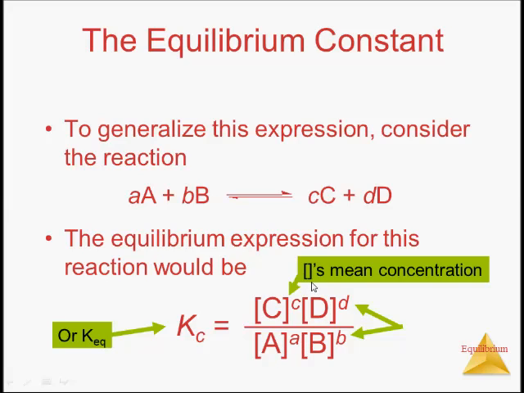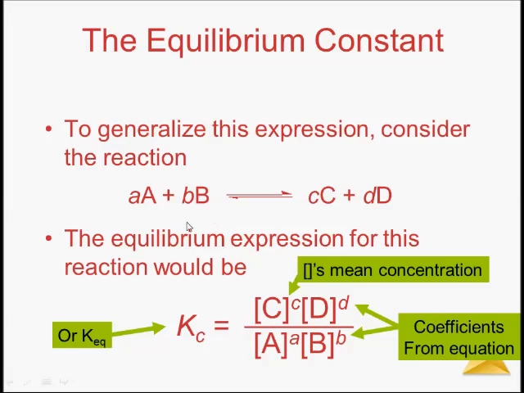Now you'll also notice that these little lower letters would represent coefficients in an equation. And so whatever the coefficient is in your balanced equation for the reaction, that actually becomes your superscript when you write your equilibrium expression. Okay, so this whole thing that we have here is what's referred to as the equilibrium expression. You have your equilibrium constant, or the KEQ, and then here's your concentrations of things.